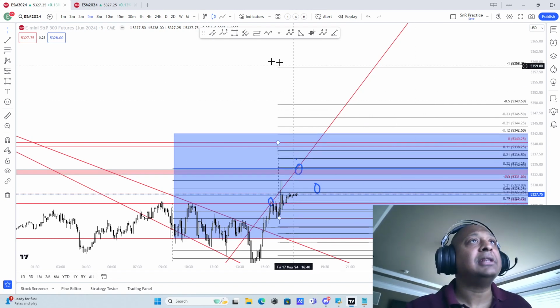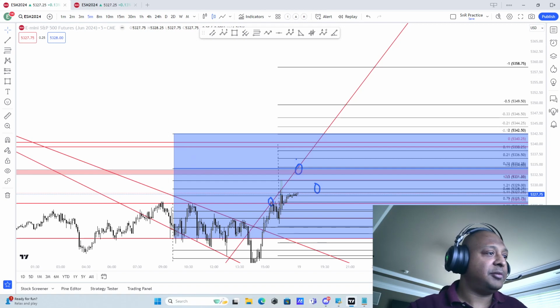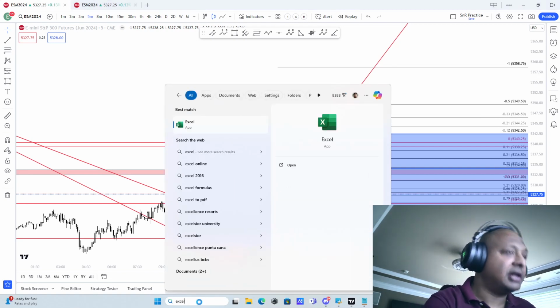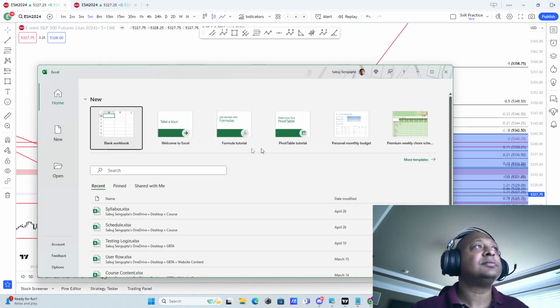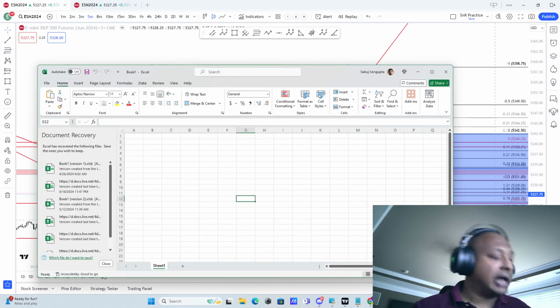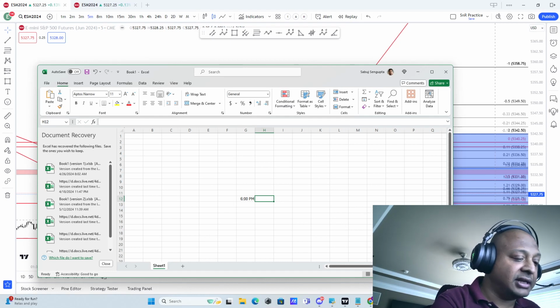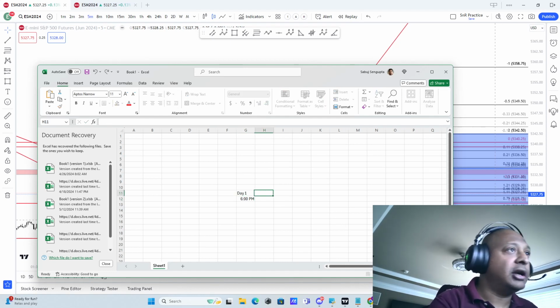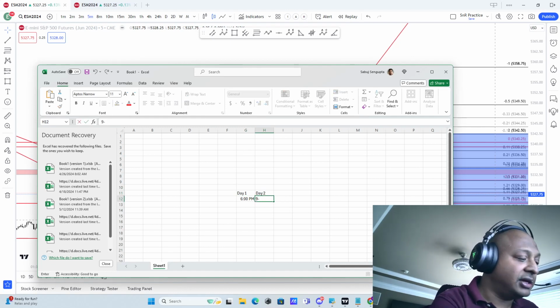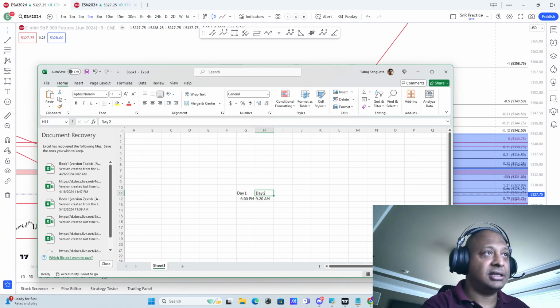So what happens is, let me open an Excel sheet, that will be easier to explain. Say this is 6 p.m., everything is in EST. Now this is day 1, and then day 2 9:30 a.m., again EST.